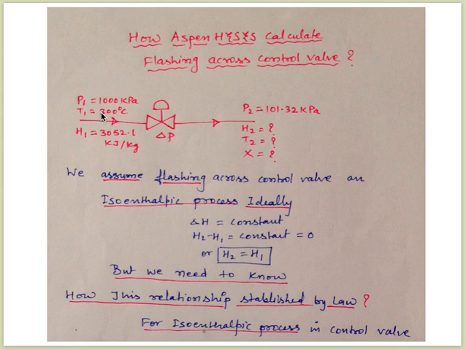So we are dropping pressure across the control valve by throttling from 10 bar to 1 bar. We want to know the enthalpy of the outlet stream at P2 pressure and temperature, and we also want to know the quality of steam after throttling in the control valve, where we drop the pressure from 10 bar to 1 bar.